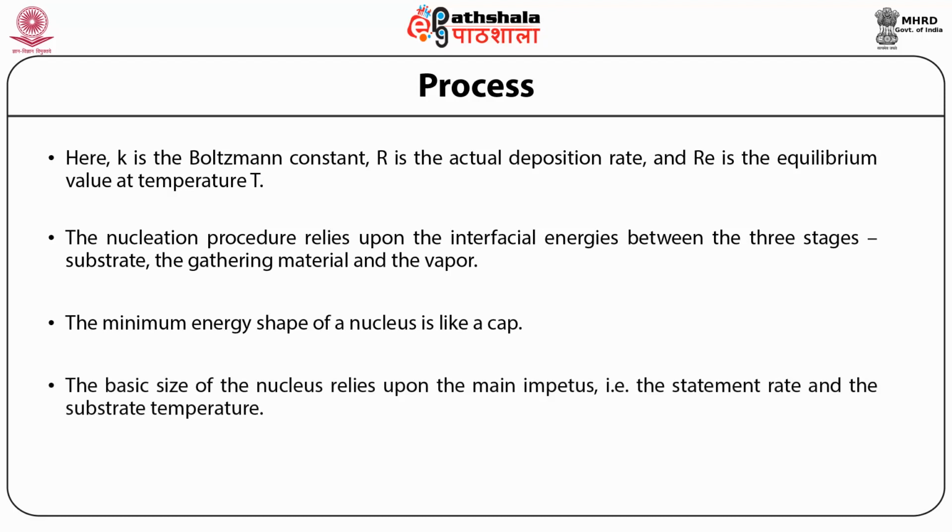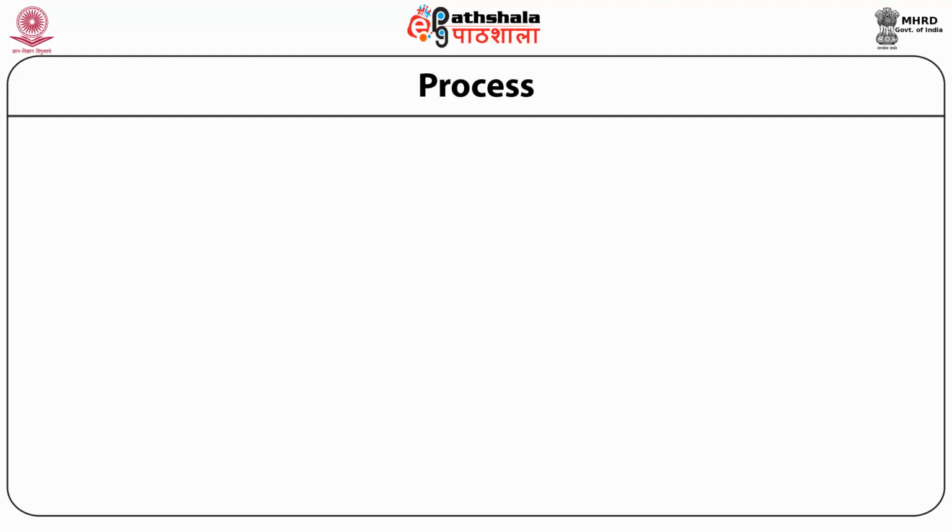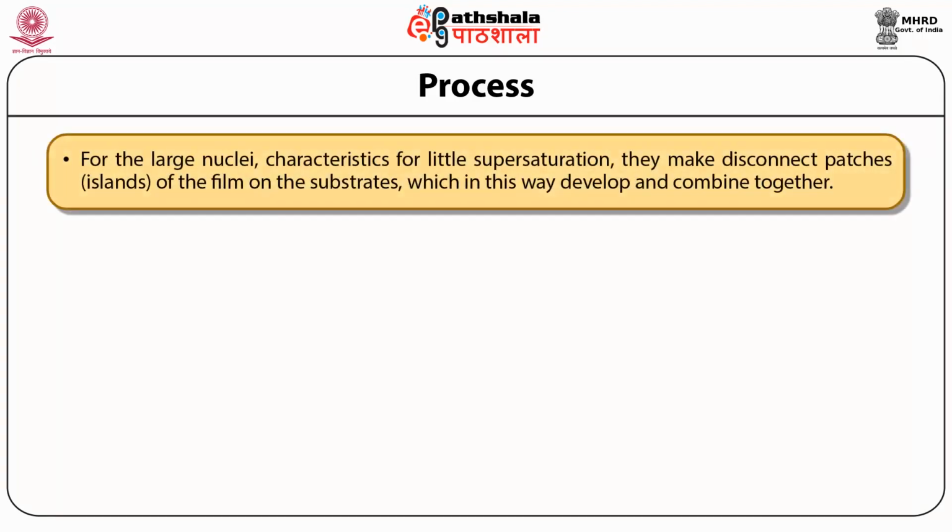The critical size of the nucleus relies upon the driving force, that is the deposition rate, and the substrate temperature. For the larger nuclei, characteristic of small supersaturation, they make isolated patches or islands of the film on the substrate, which then grow and coalesce together.